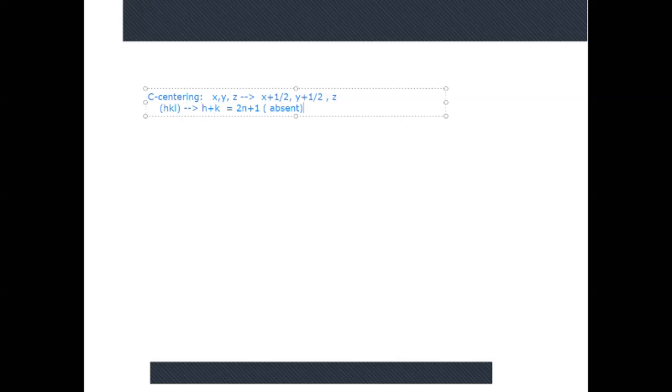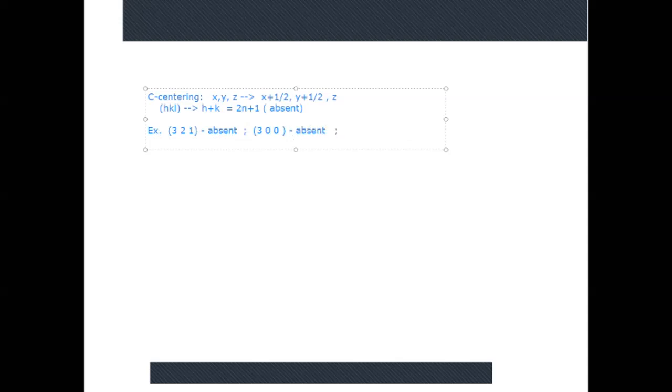For example, if we have 3, 2, 1, this would be absent because 3 plus 2 is 5, and 5 is odd. Even the 300 reflection plane would be absent as well, because 3 plus 0 is still odd, so this would be absent.